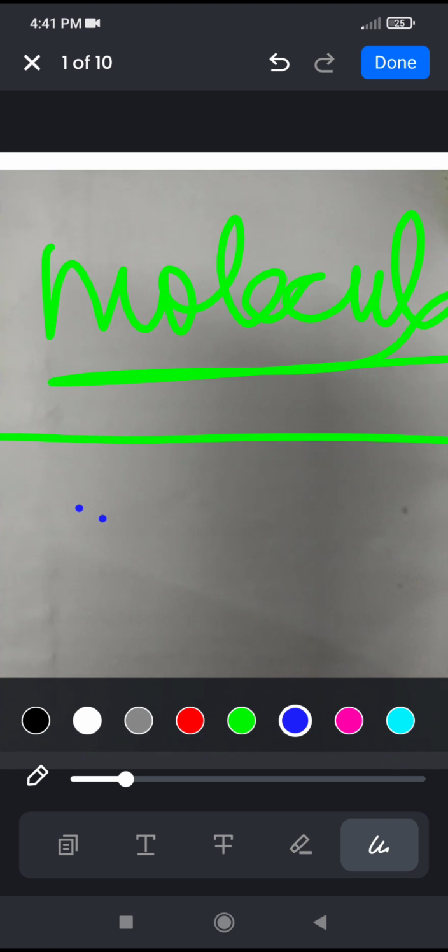a molecule is also a smallest particle, but it has two or more atoms.